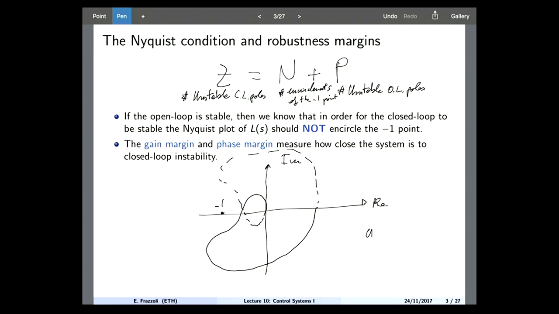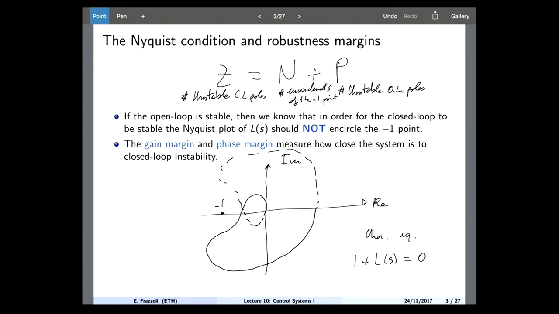The characteristic equation is 1 plus L of S is equal to 0, right? So when we draw the Nyquist plot, what we are plotting is actually the polar plot of L of S. So really, what we are looking at is the number of encirclements of the origin by this function here.